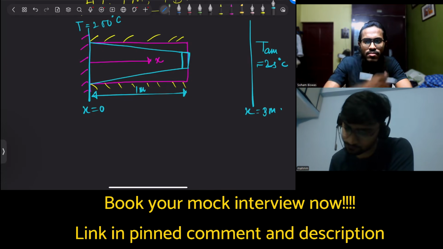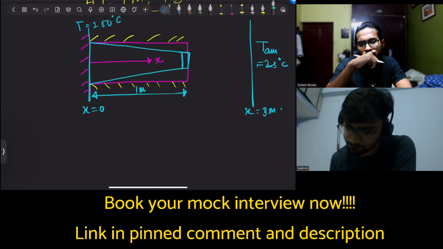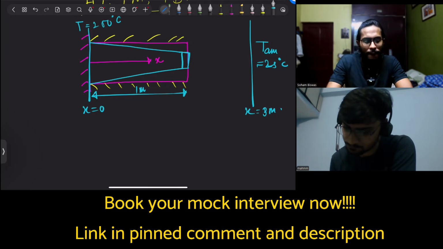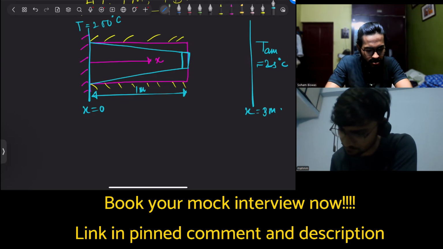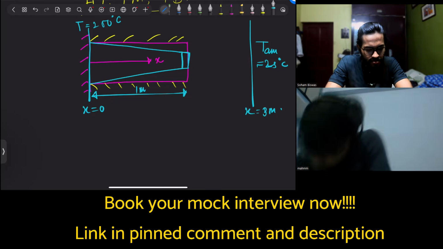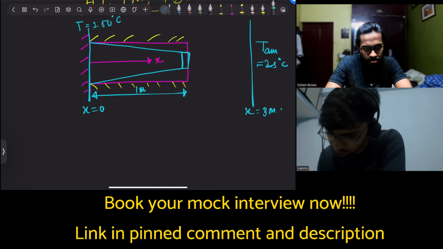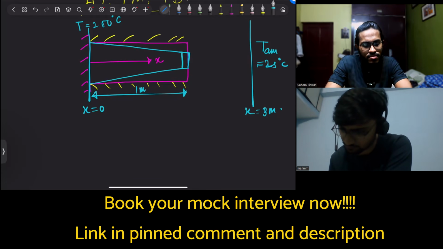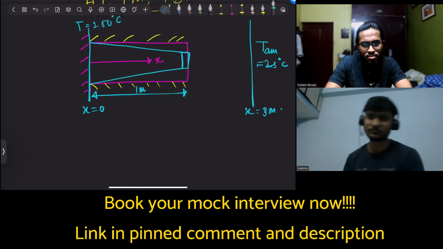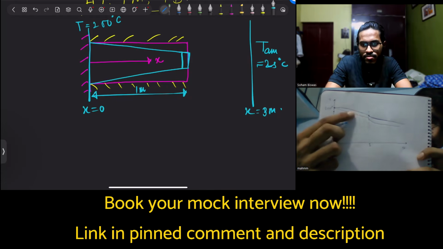It will be like this. At the start, the slope will be low, and at the end point it will increase.